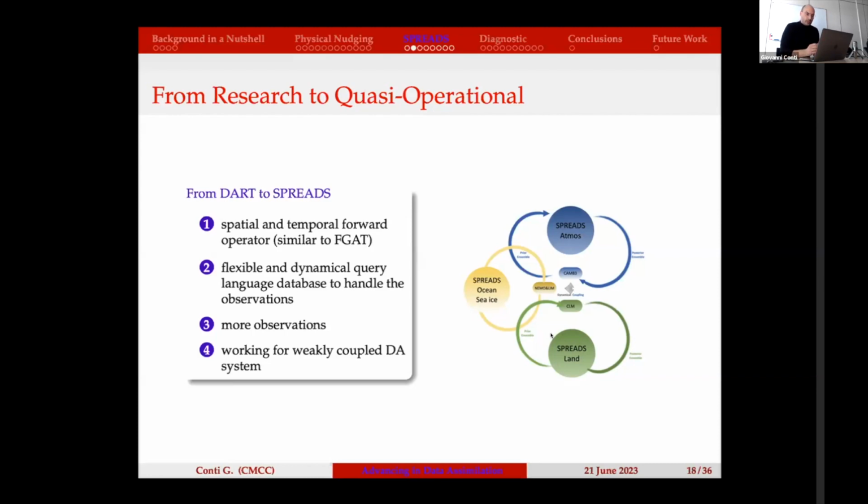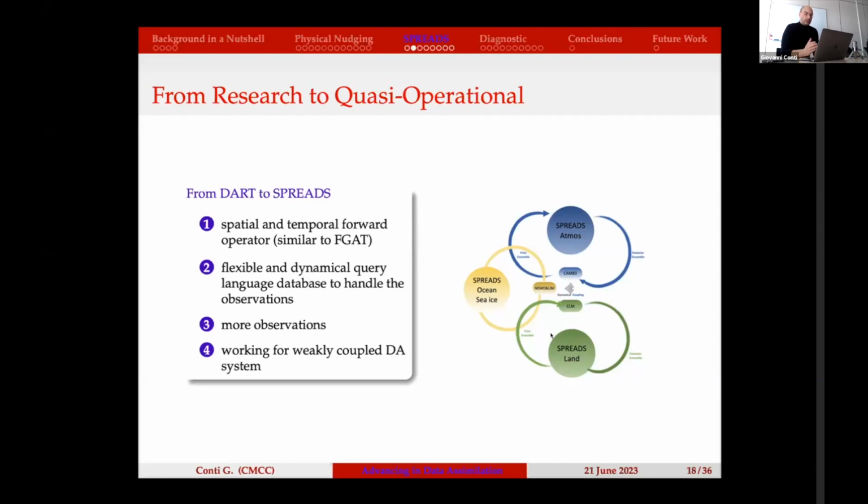We introduce here a spatial and temporal forward operator, similar to the FGAT, first guess at appropriate time, in order to get better correction during the simulation, in particular for the radiances. Then we also introduce a flexible and dynamic query-language database to handle millions of observations.